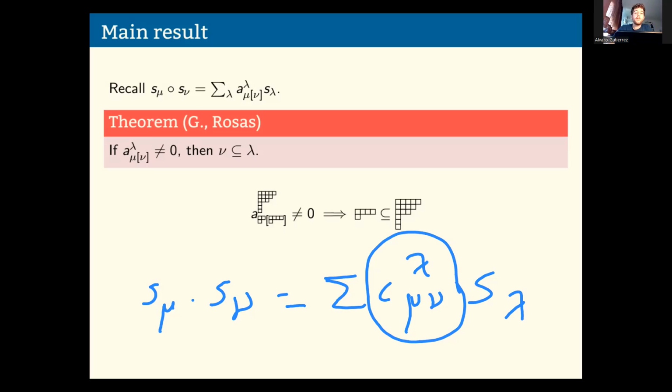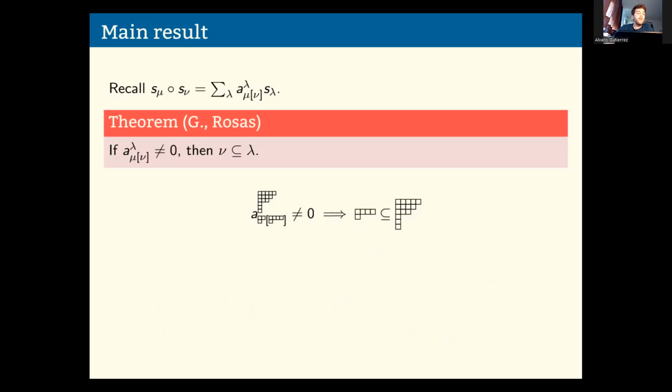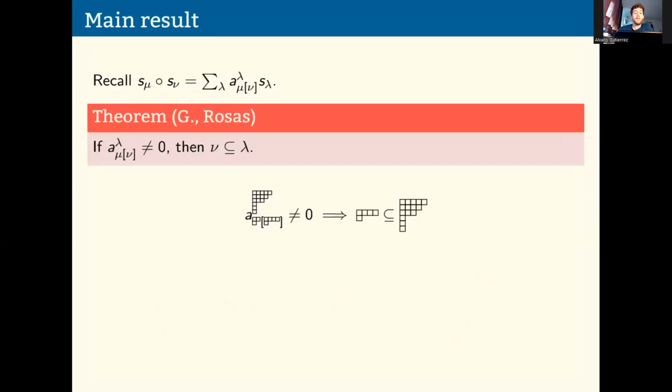Namely, if a coefficient is non-zero, then the next ones, like multiplying here by n, are also non-zero. So it's a big deal in representation theory to understand when these coefficients are non-zero, and it's an NP problem. So it's not easy to develop algorithms or ways to figure out when this behavior is happening.